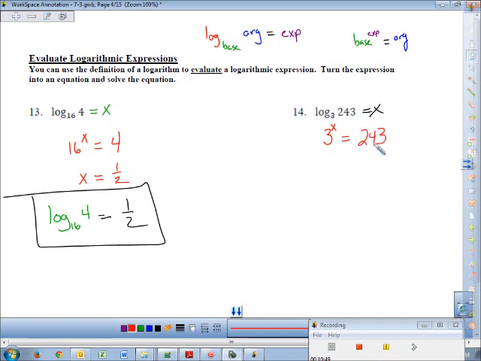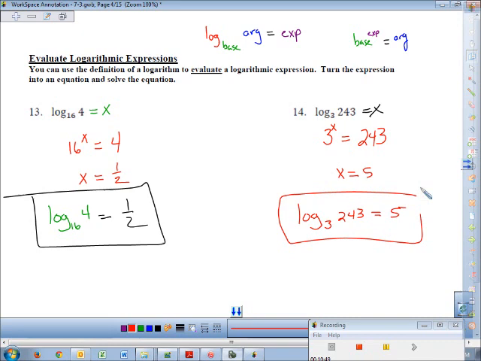So 3 to what power equals 243? x equals 5. That's our perfect note card again coming back to us. Now rewrite it. Log base 3 of 243 is 5. Cool with that? Next one.